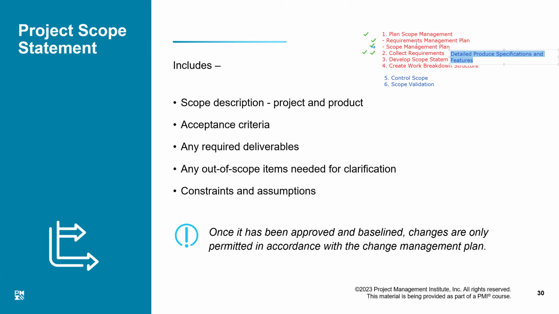Requirement management plan tells us how to deal with the requirements, the changes in the requirement, recording the requirement, traceability matrix, and all that we already talked about. Scope management tells us how to do the scope statement, how to create the work breakdown structure, how to control the scope, and how to validate the scope. So all of these things are described in the scope management plan.